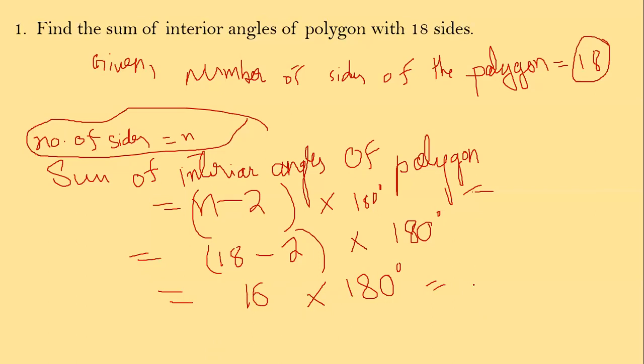So 16 into 180 degrees gives the result of 2880 degrees.